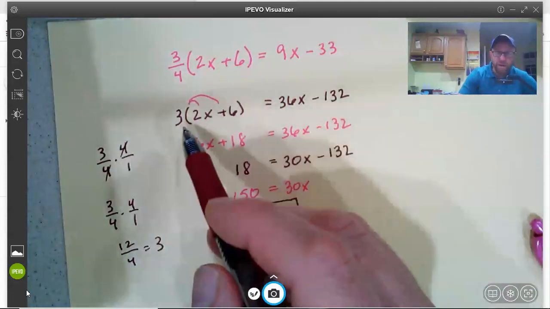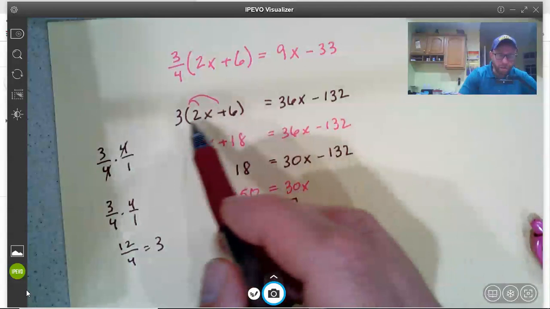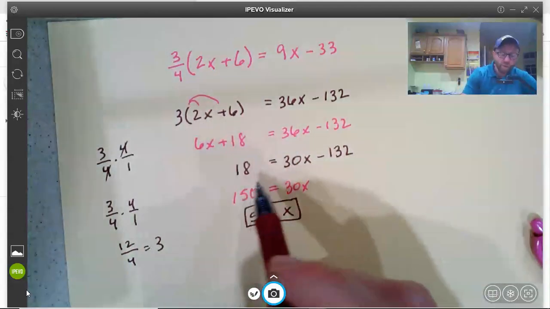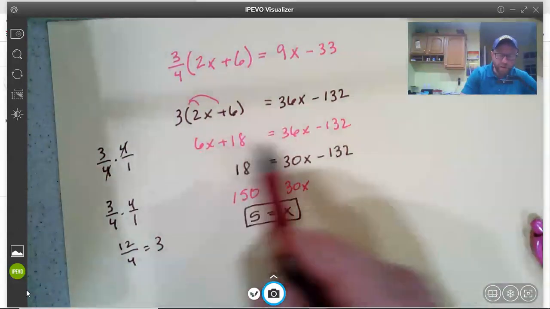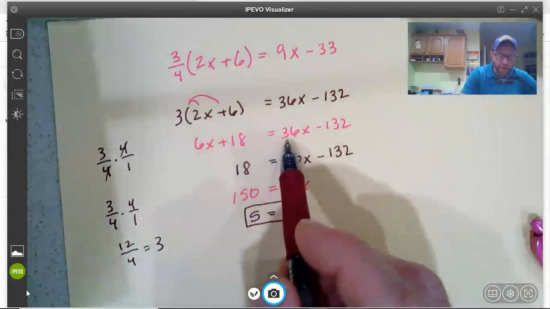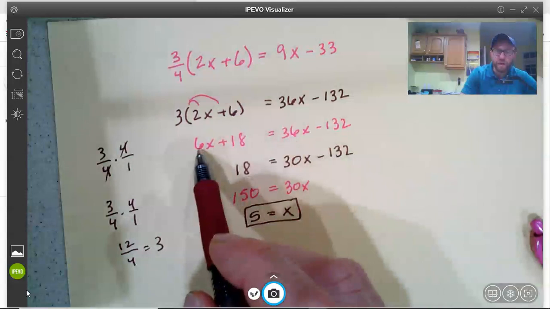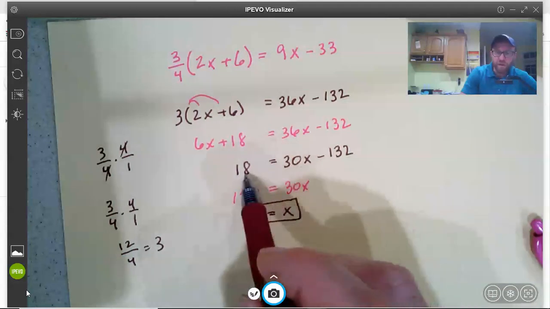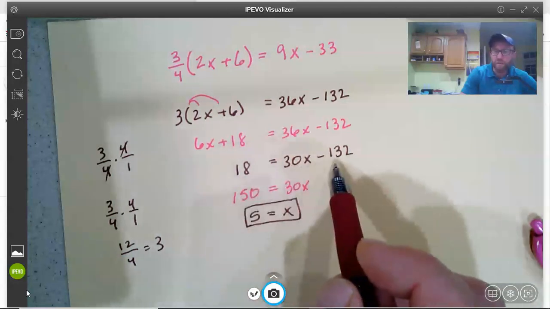Then, once I had an equation like this, I had to use the distributive property to open up these parentheses. And once I was done with that, I had an equation like this here. I wanted to have just one x term, so I eliminated the 6x term by subtracting 6x from both sides. That left me with 30x over here, and I still had my 18 and my negative 132.